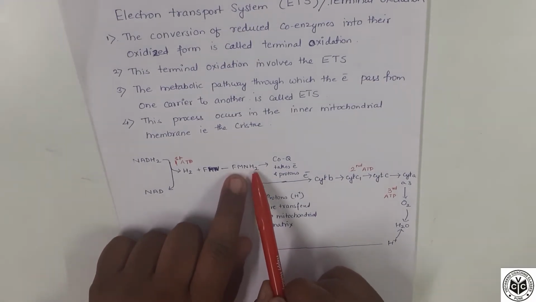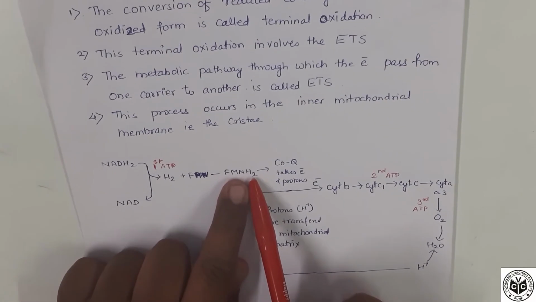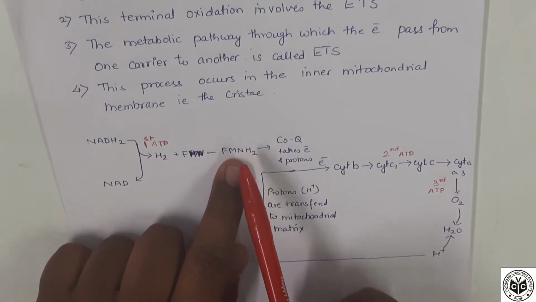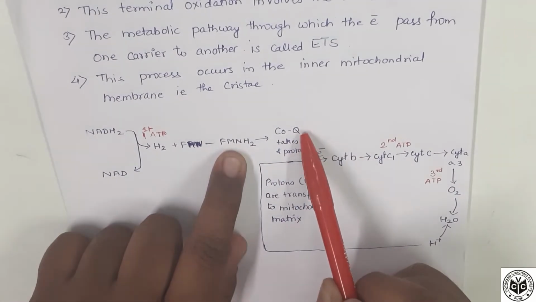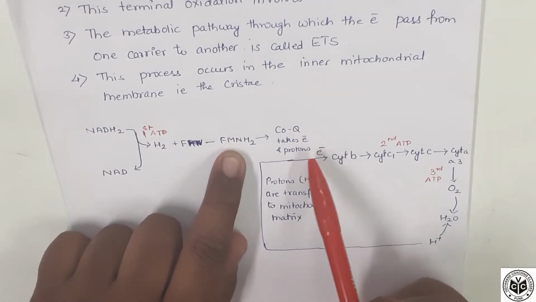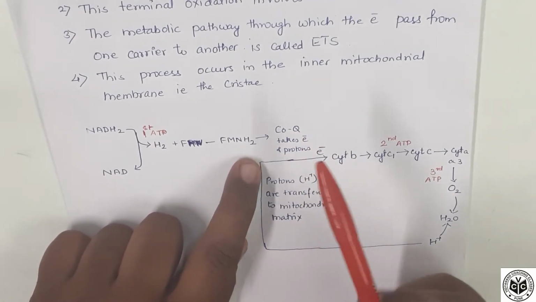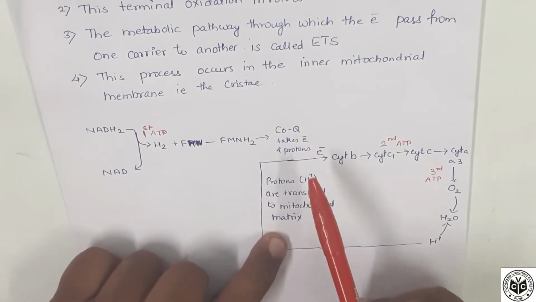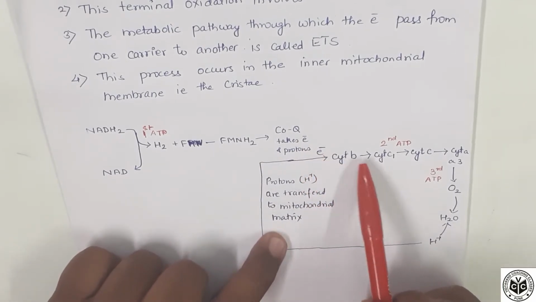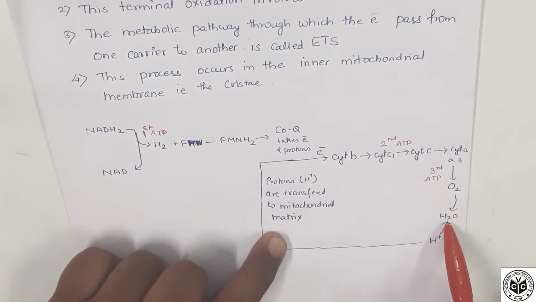Now this FMNH2 transfers the electrons as well as the protons to coenzyme quinone. Now this coenzyme quinone accepts the electrons as well as the protons. The protons are transferred into the mitochondrial matrix, while the electrons are transferred to a series of electron acceptors.